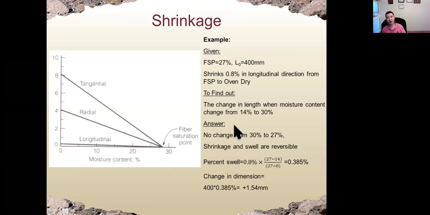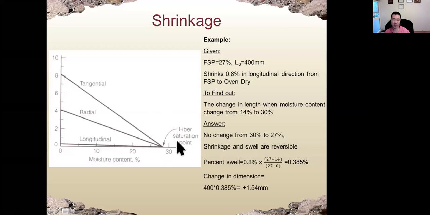Here is a small calculation example for the shrinkage and swelling of wood. This shows shrinkage and swelling of wood in the three directions: tangential, radial, and longitudinal. We can see that beyond the fiber saturation point, there's no shrinkage or swelling. For this wood, the fiber saturation point is 27%, and the initial length of the wood is 400 millimeters.